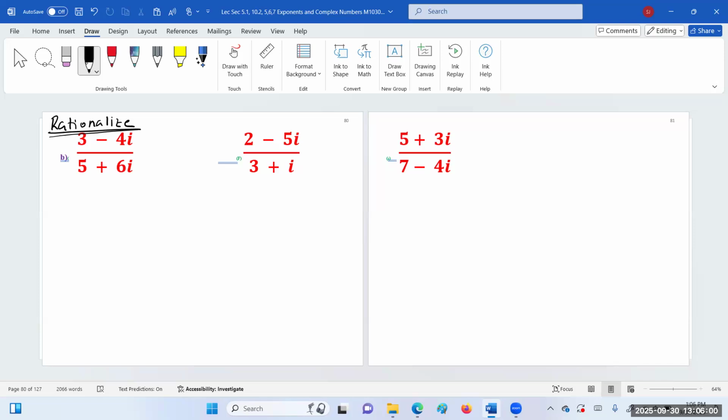Whatever you have in the denominator, I find c minus 3. So you go to the top and combine.